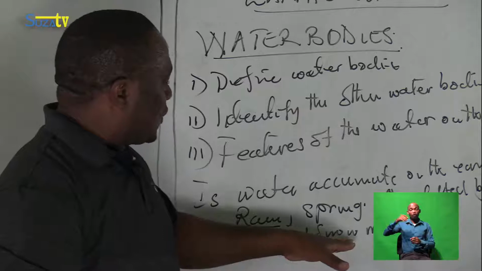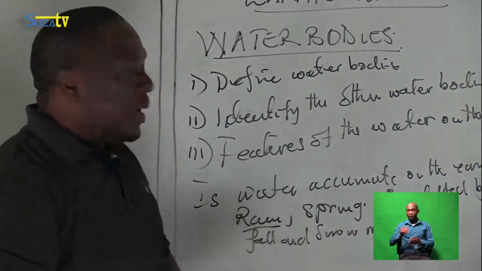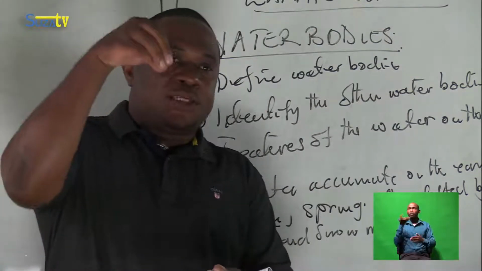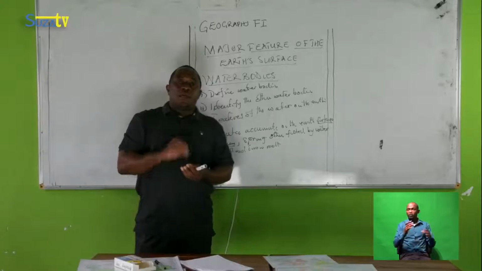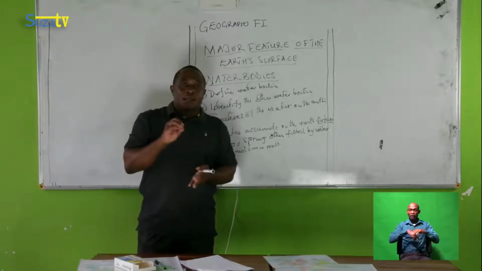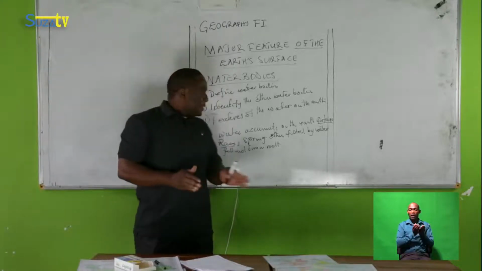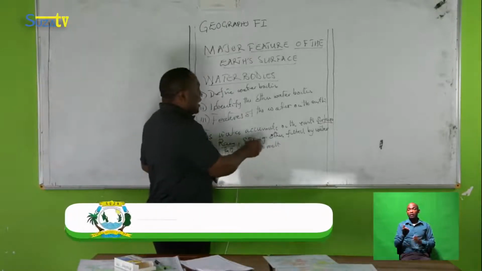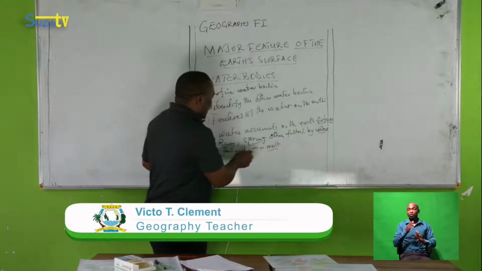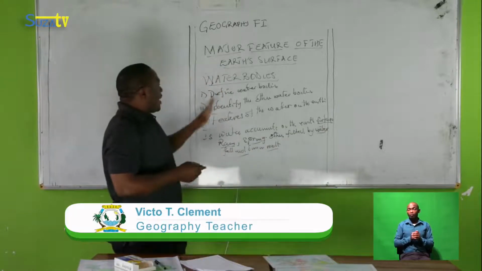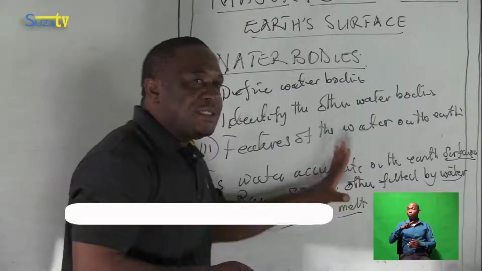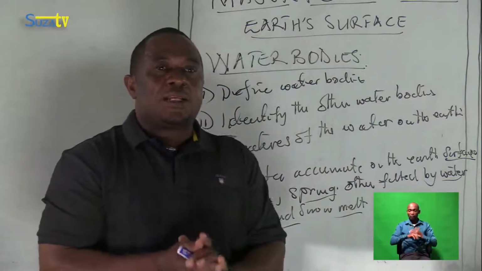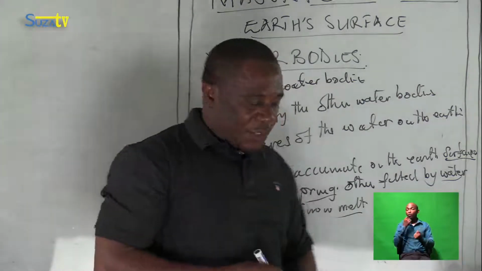And the melting of snow, when ice accumulated on the mountain melts, that water can be accumulated on the Earth's surface. So these are sources of water which fill the water bodies. Any water which is accumulated on the land is a water body.